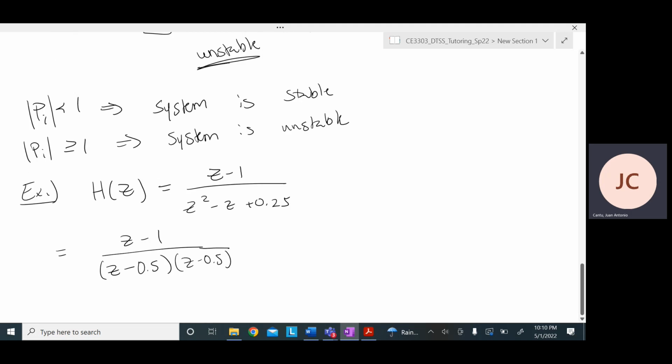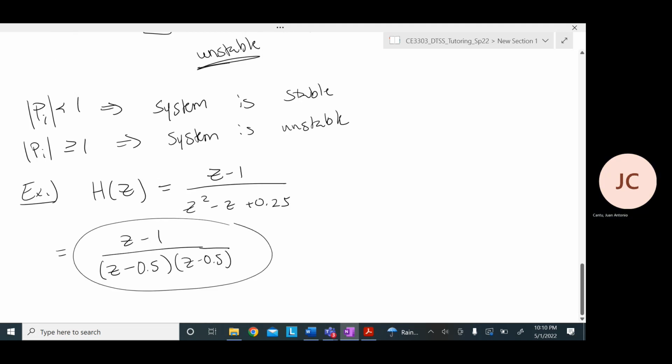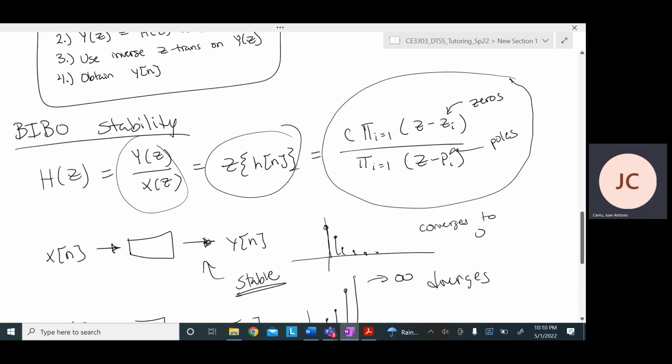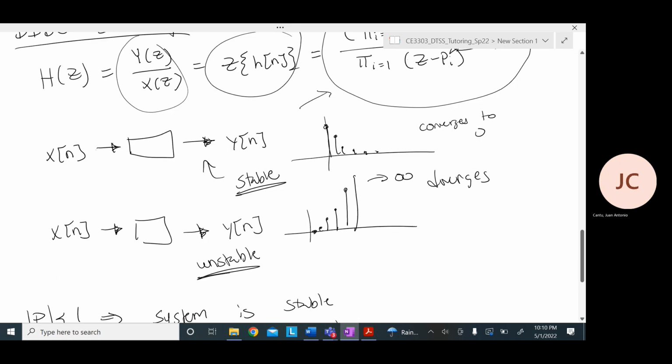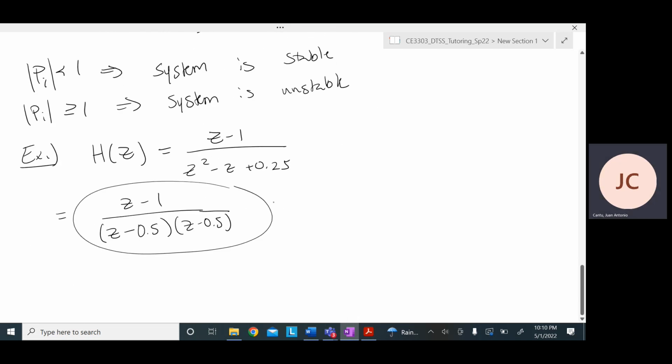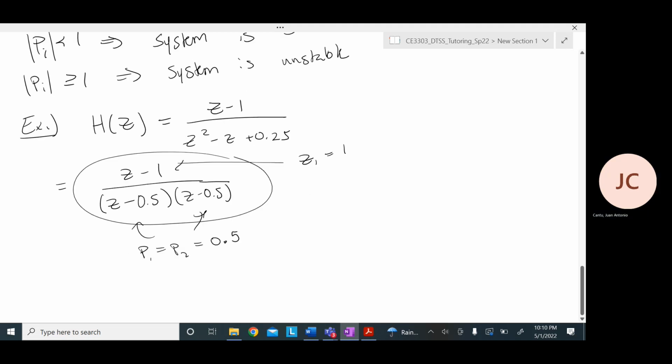If you notice here, this form is the same thing as this form right here. On top are zeros: z_1 is equal to positive 1. Over here, this will tell us our poles. Pole 1 is equal to pole 2, which are both equal to 0.5.